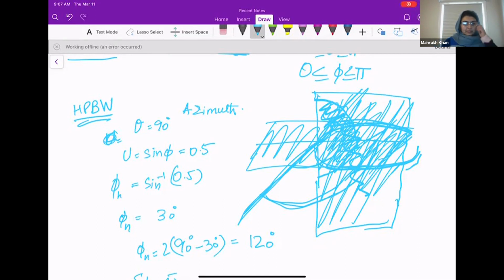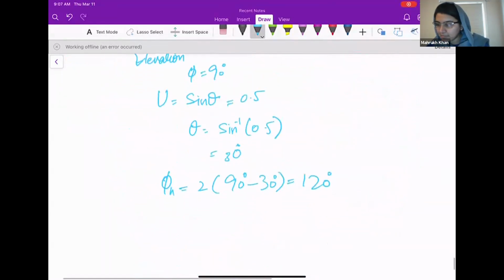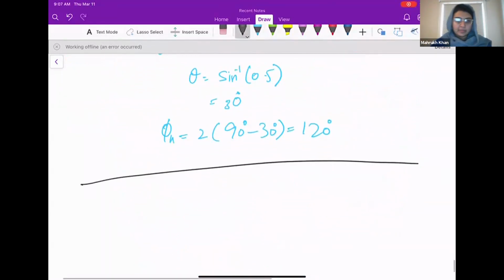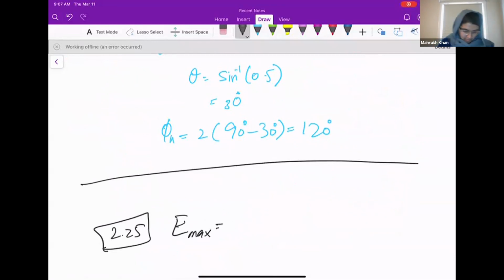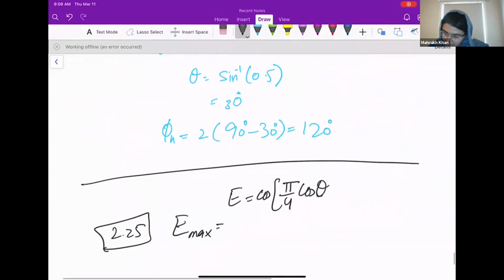So 2.25 asks you the maximum directivity, not the approximate directivity. And for that directivity, you have to have the beam widths. So I want to just say that 2.25 says that E max, or E, is actually cos(pi/4 (cos theta minus 1)) e to the minus jkr by r.